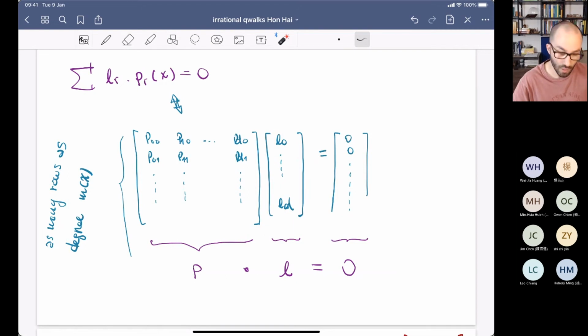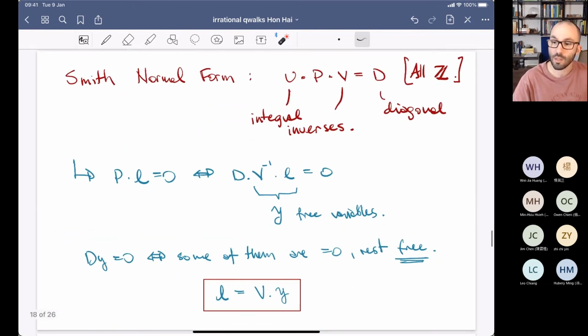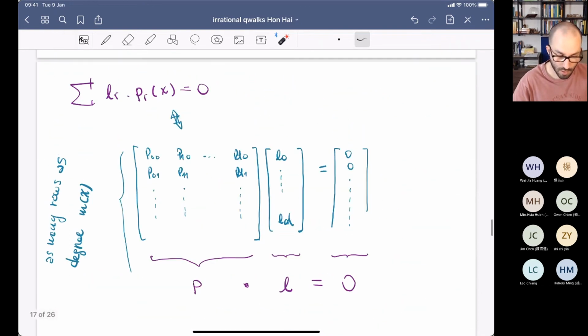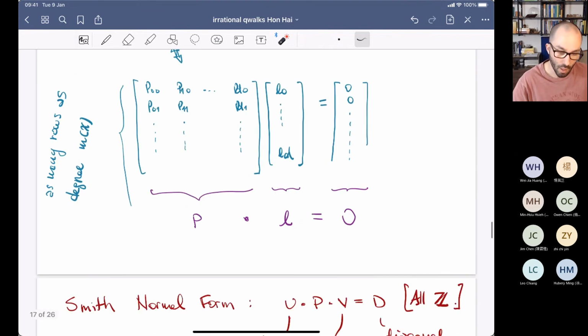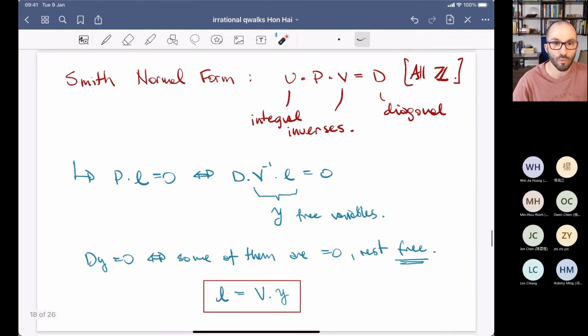Okay. And fortunately, this is well understood. The standard way of solving a Diophantine linear system is to write a standard form for the matrix. You can do it with the Smith normal form. Hermite normal form also works. It basically means that for each matrix which is integral, you can find integral matrices with inverses which are also integral matrices, so that this product is a diagonal of integers.